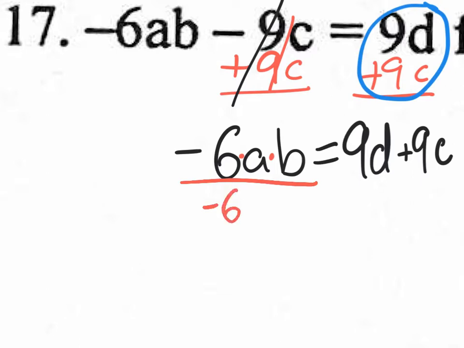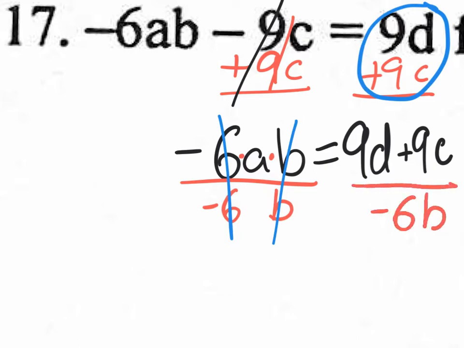The negative 6 and the positive b. You do both of those. That way, the negative 6's cancel and the b's cancel. Now, what you do to one side, you must do to the other. So if you divided this left side by negative 6b, you're also going to divide the right side by negative 6b.